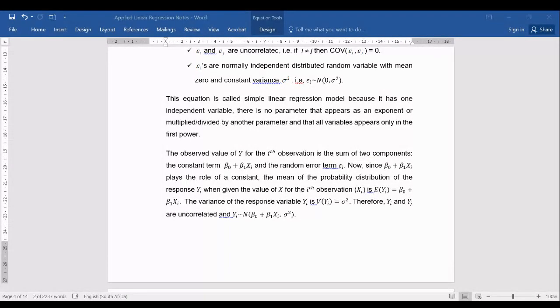And if that is the case, now let's go back to this. If you look at this, this here is the constant part of the model, which tells us that our model yi is equal to the expected value of y plus the error term.